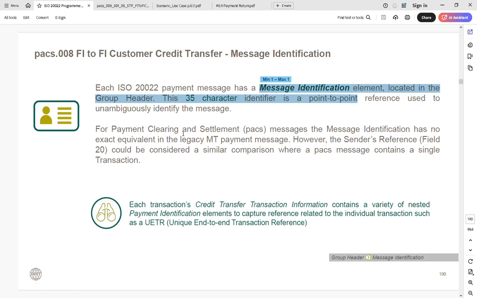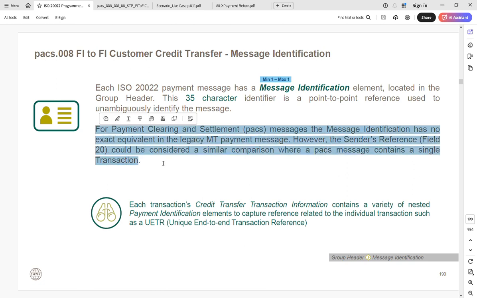For payment clearing and settlement, the PACS message identification, message ID, has no exact equivalent value in the legacy MT payment message. However, the sender's reference, field 20, could be considered a similar comparison when the PACS message contains a single transaction.